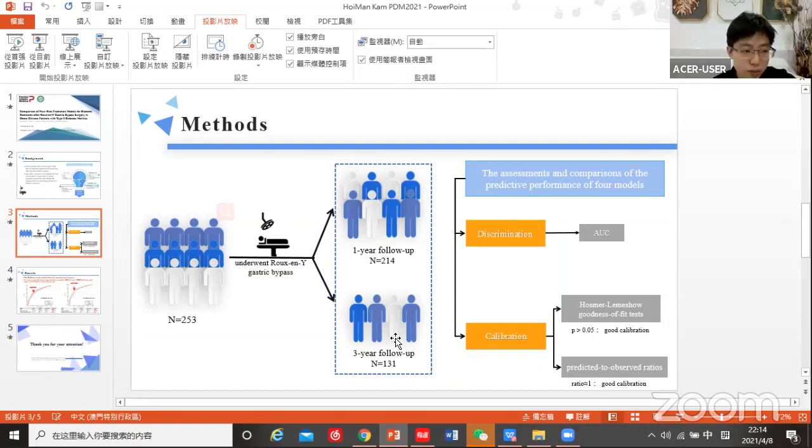The discrimination was assessed according to the AUC value, and the calibration was calculated by both the Hosmer-Lemeshow test and the predicted to observed ratio.